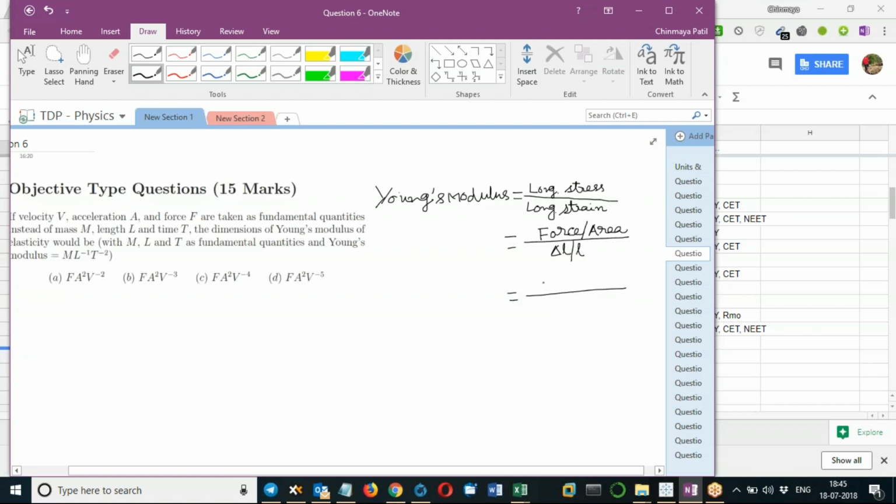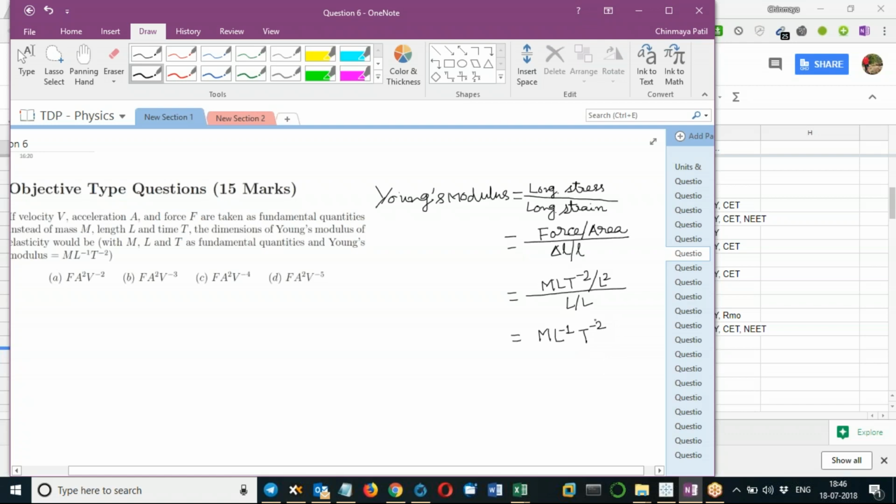Force is nothing but M L T to the power minus 2, and area is L square. I hope all of you are aware of it. Strain is length divided by length. If you simplify this, you will get M L to the power minus 1 T to the power minus 2.